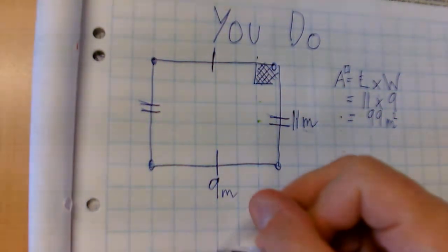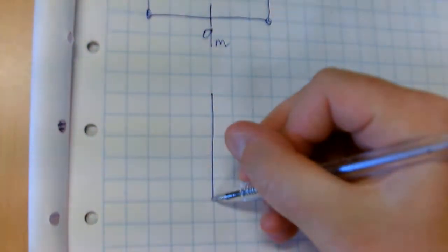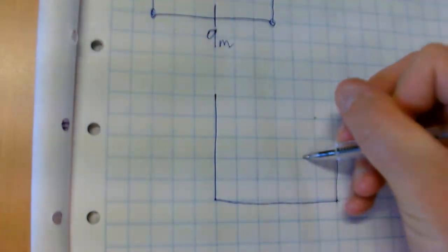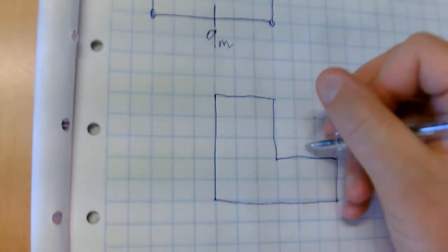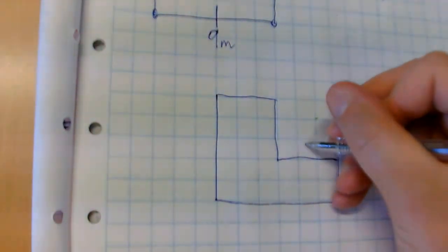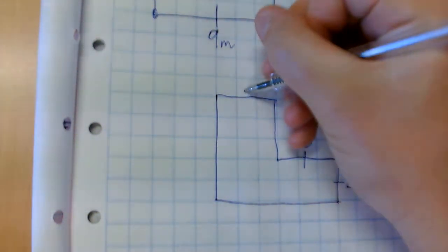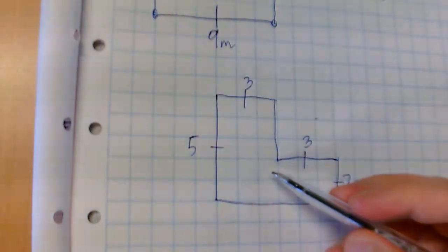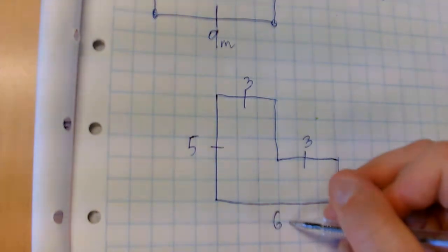Challenge, quick challenge. Let's say I'll move the page up. Let's say I had a shape like this, and that was 3, this is 2, this is also 3, and this is 5. What is the area of this whole shape?